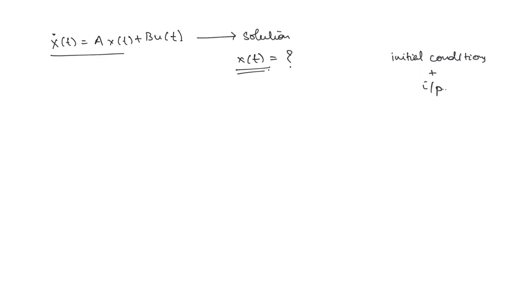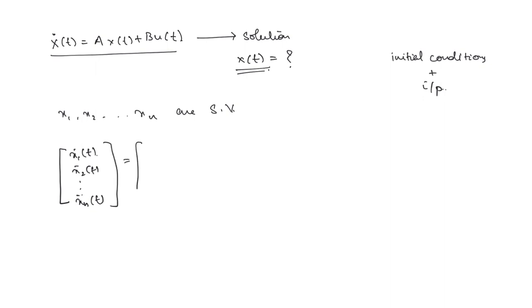Remember that all of these signals are in matrix form. So, if there are n state variables, let us say x1, x2 and so on till xn are the state variables of the system that we are considering, then x dot of t, that is x1 dot, x2 dot of t and so on till xn dot of t, is equal to the matrix A times the state variable matrix x, plus matrix B into the input u of t.